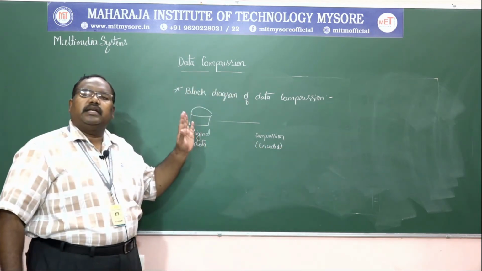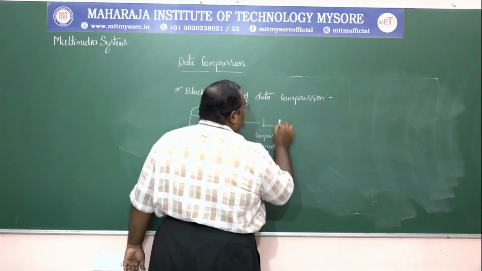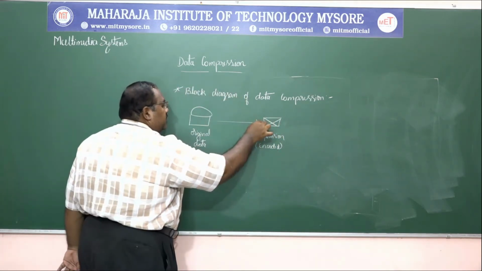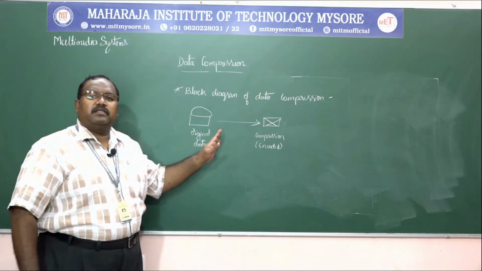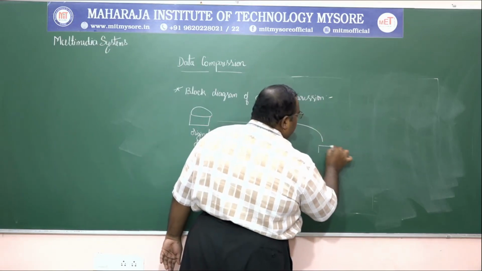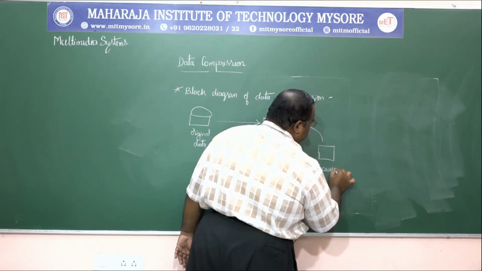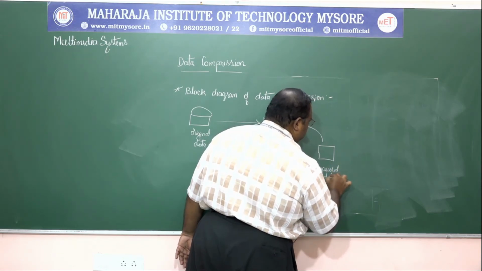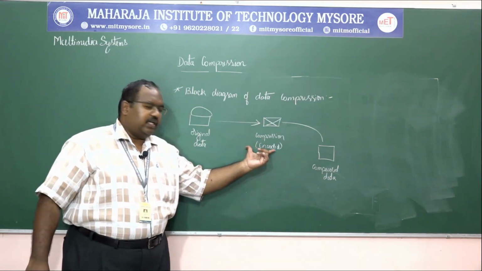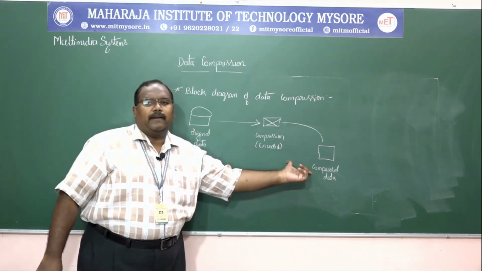So when compression is happening, the original data is represented in a different way. Means the data is first compressed. So what happens during the process of compression? We get compressed data. With the process of compression, we call it the encoder. We compress the original data into compressed data.